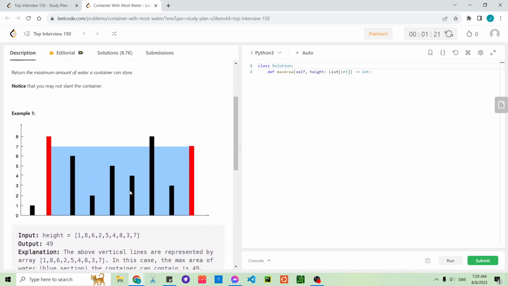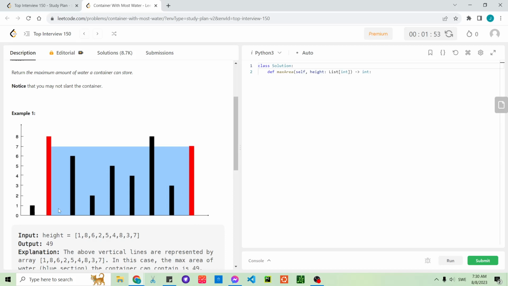The farther apart, the higher chance of having more water. So we would want to go from the left end and right end and towards the middle. Let me see. So what if we start here and here?